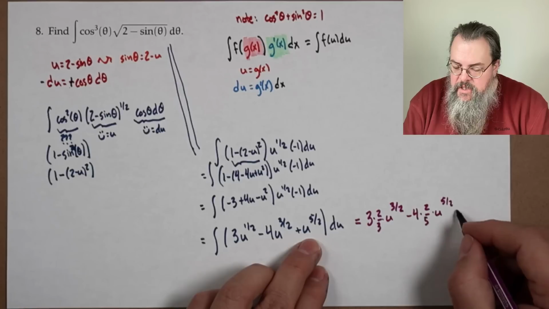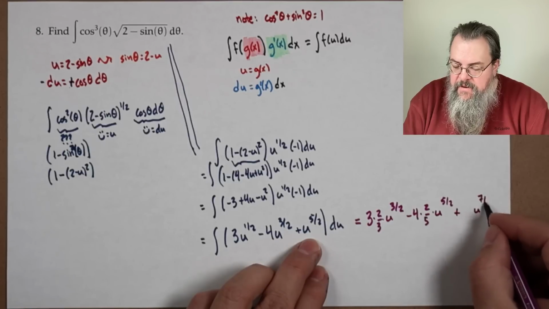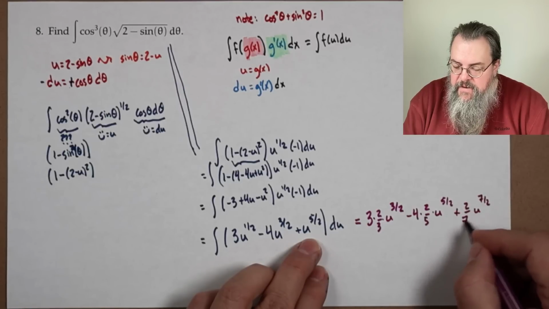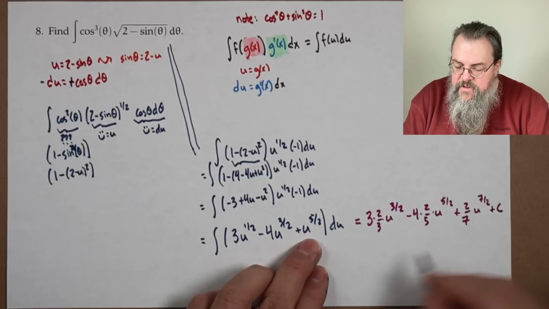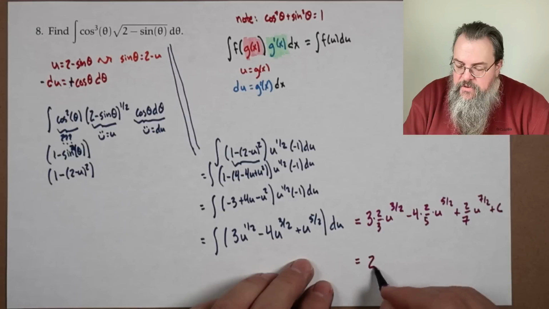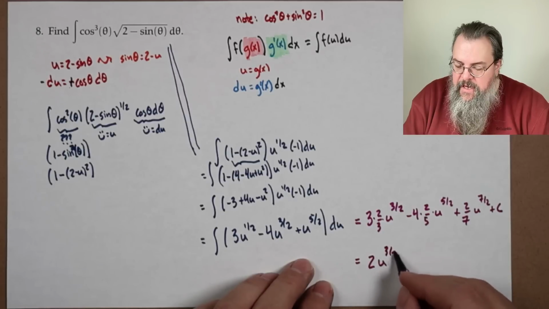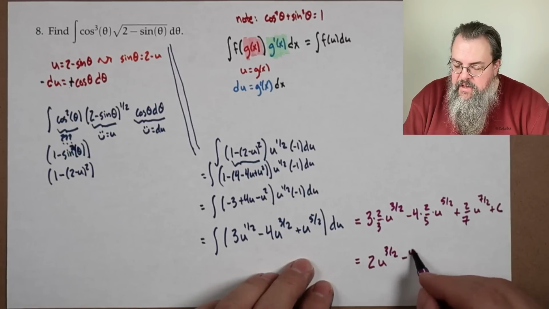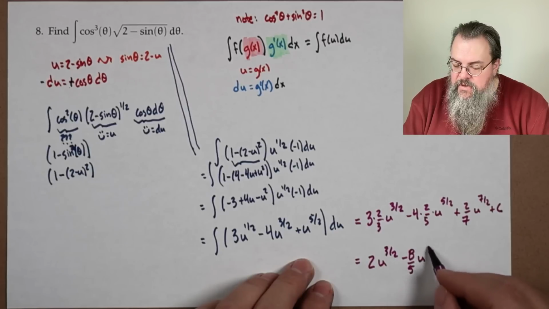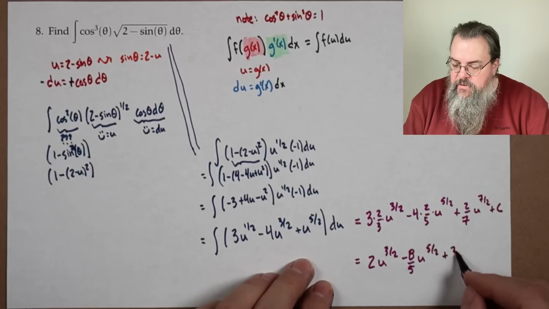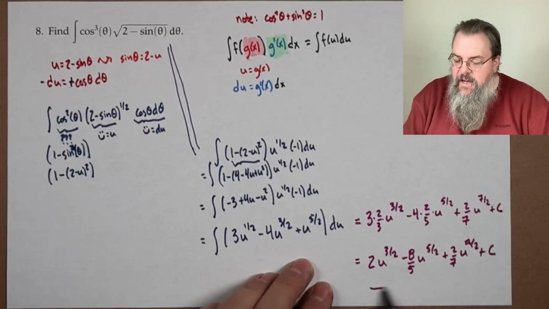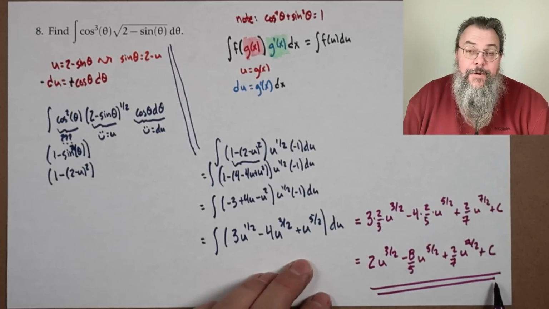Then add 1 here, that would be u to the 7/2 times 2/7. And of course, add your c. So we have 2u to the 3/2 minus 8/5 u to the 5/2 plus 2/7 u to the 7/2 plus c. Good. And are we done?